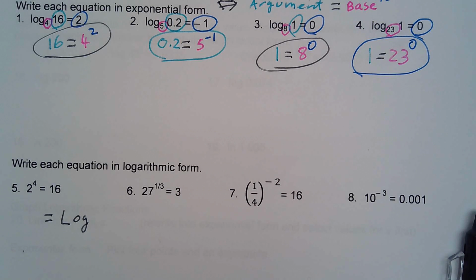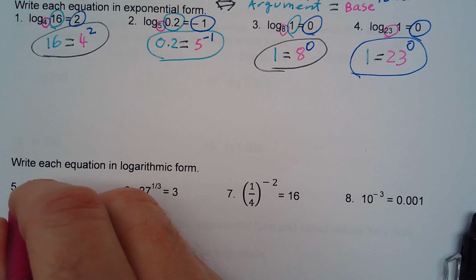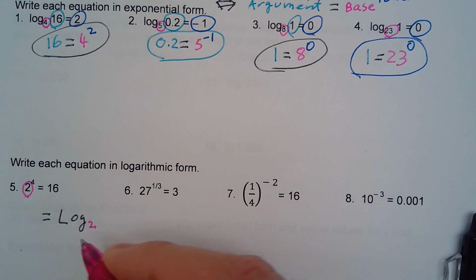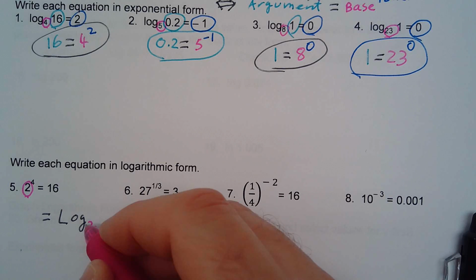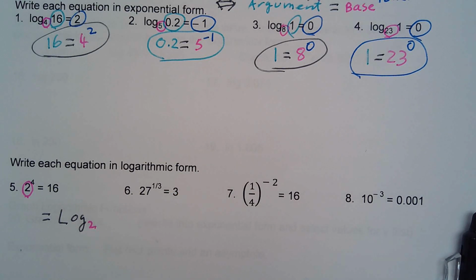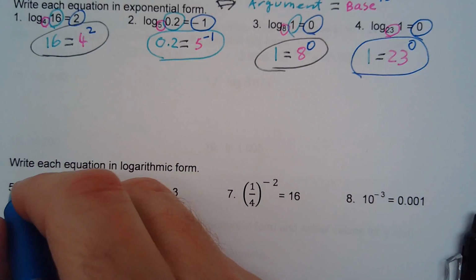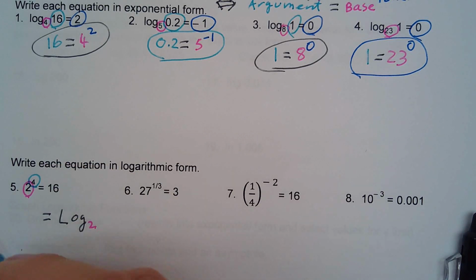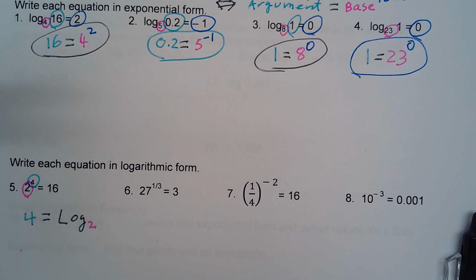So my base here is 2. So that has to go here. Make sure you write it below the line of the log. My power here is 4. And remember, the log's giving you an exponent as an answer. And so then my argument is 16.